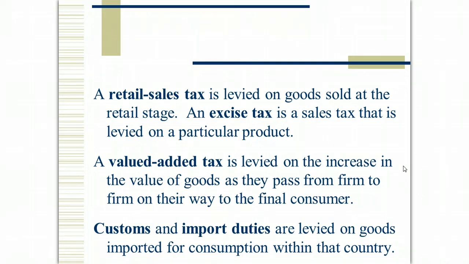So if I'm at an early stage of the production process and I buy a raw material from a supplier for 100, if that's liable at the 23% rate, 23 is added to that. So I pay 123. If I then sell it for 150, the increase in value there is 50, from 100 to 150.